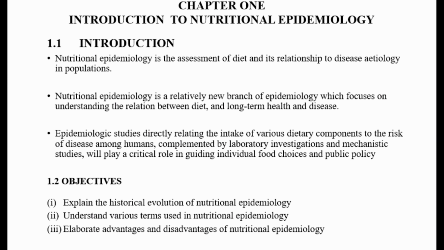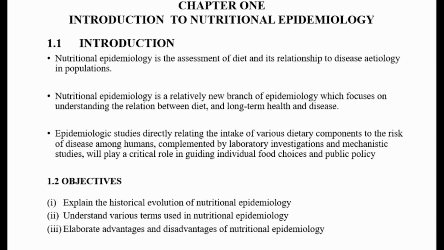So that is very important as far as nutritionist knowledge is concerned. You cannot just be treating people. You cannot even treat someone if you don't know what was the cause of the symptoms or of the condition which the person has.